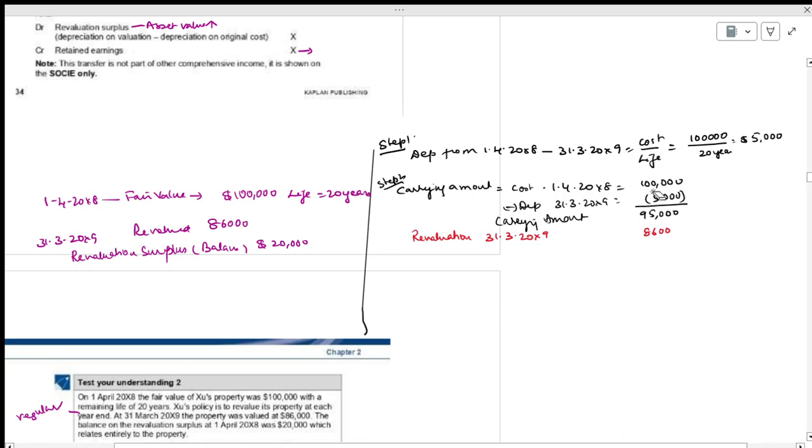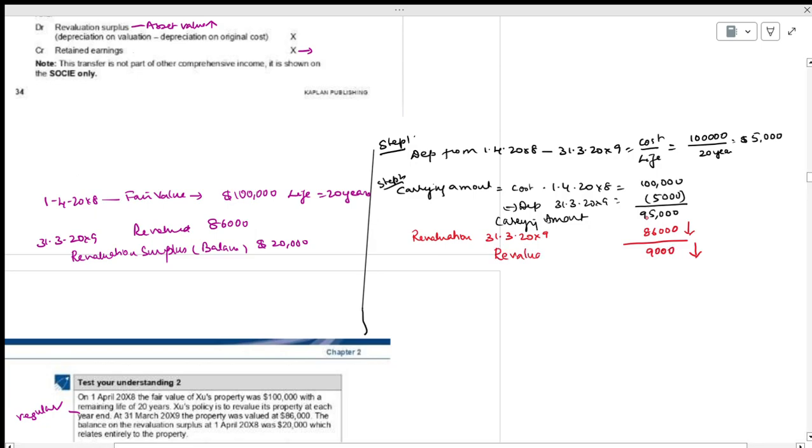Has the value been increased or decreased? Decreased. How much has it decreased? 9,000. If it is decreased, what do we write?